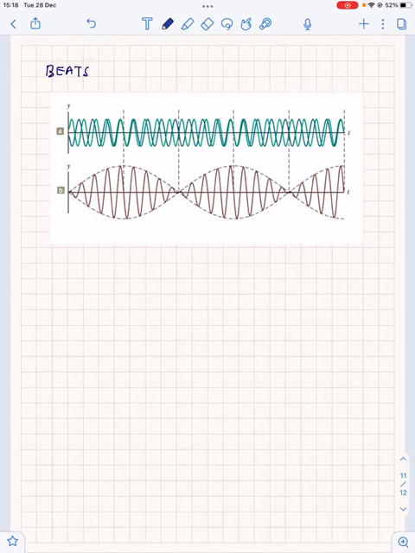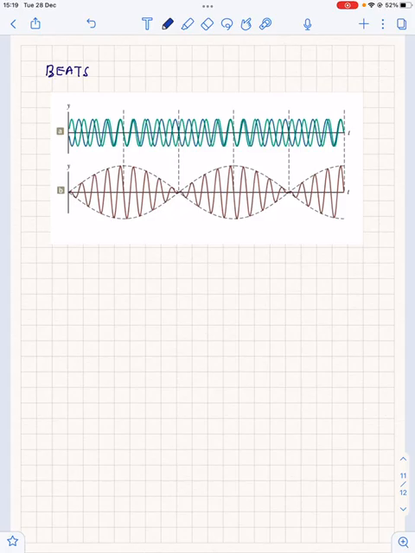Actually, beats are the slow envelope around two waves that are relatively close in frequency. As we can see here in this figure, the beats are formed by the combination of two waves.